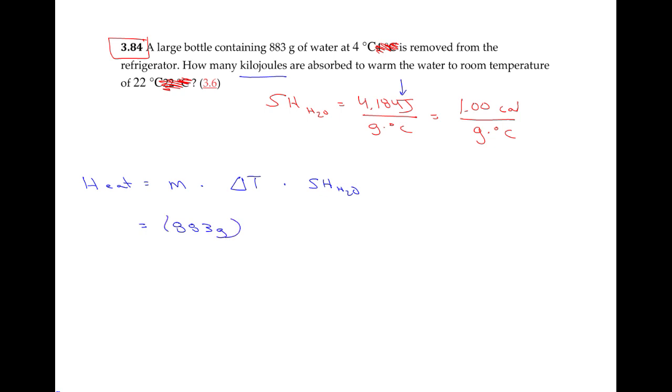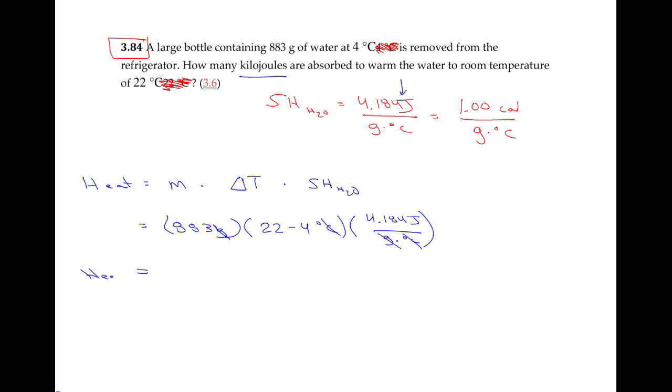The delta T is going to be the final temperature, 22, subtract 4 degrees Celsius, so that's going to be 18 degrees Celsius, multiplied by our specific heat in joules, which is 4.184 joules per gram degrees Celsius. There we go. You can see that grams and degrees Celsius are going to cancel out and we're going to be left with joules.